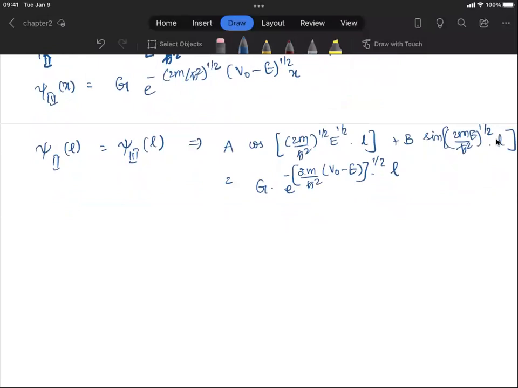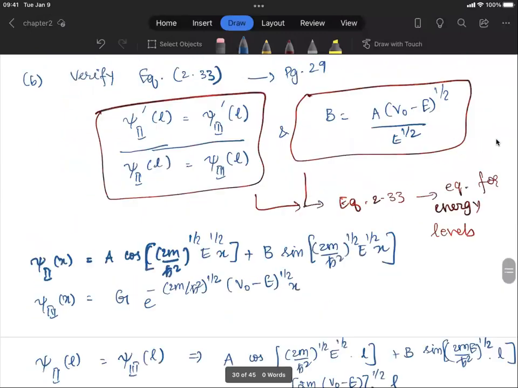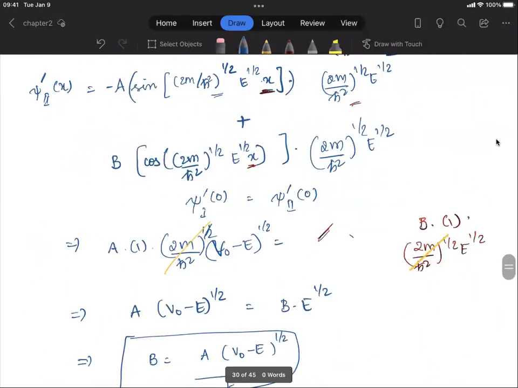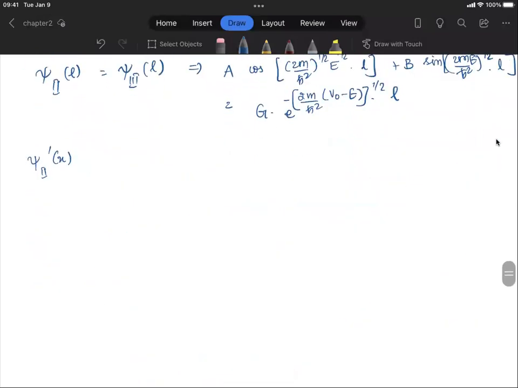Now, if we were to take the derivative of, we have actually taken the first derivative of psi 2 of x, which is here. I'm still going to do it anyway.